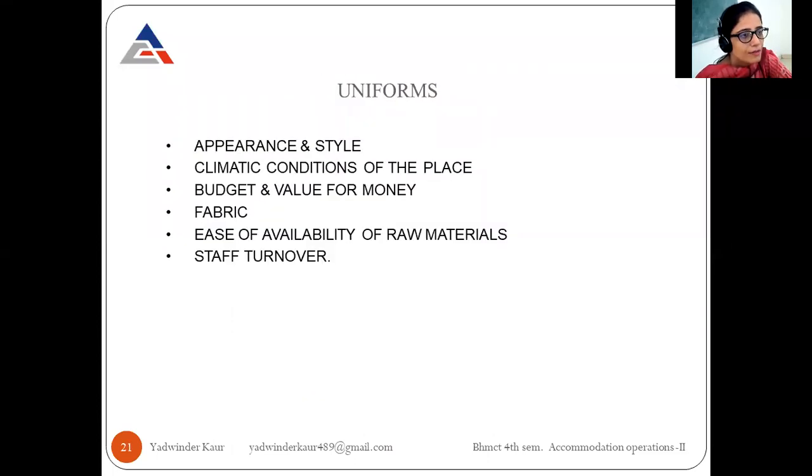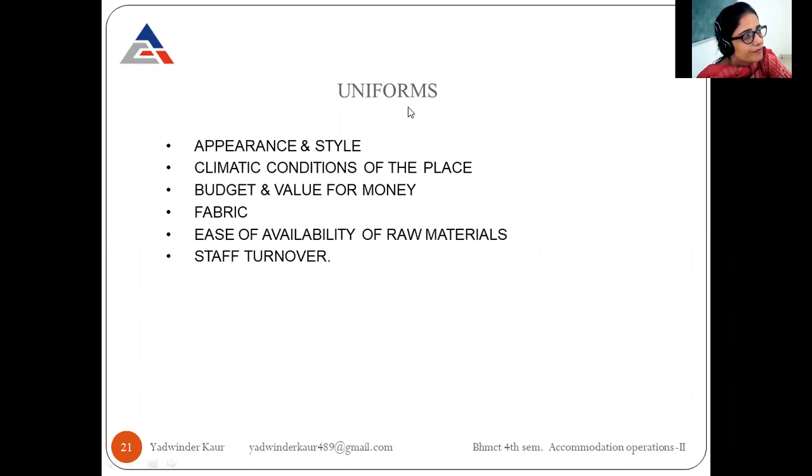So for uniform appearance and style, we have to firstly decide what kind of appearance it is. Suppose it is front office, then we prepare accordingly.